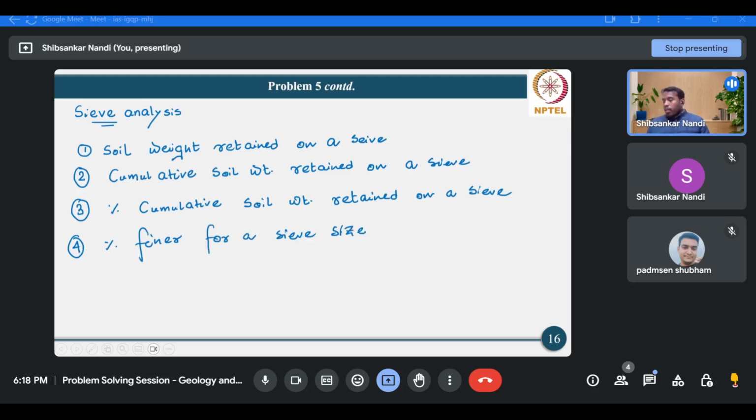So these are the 4 basic details we need to know before going to the hydrometer analysis part. These are the 4 basic details required for the sieve analysis part.